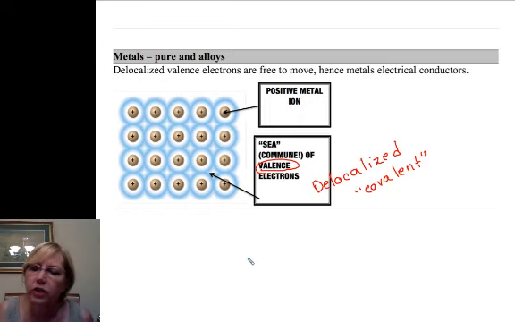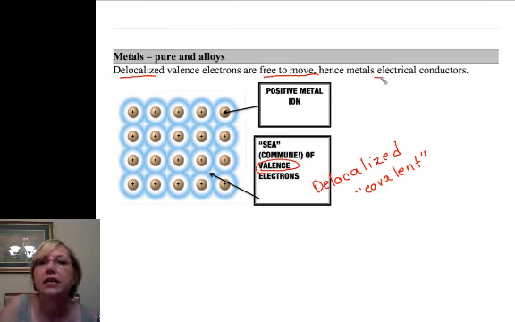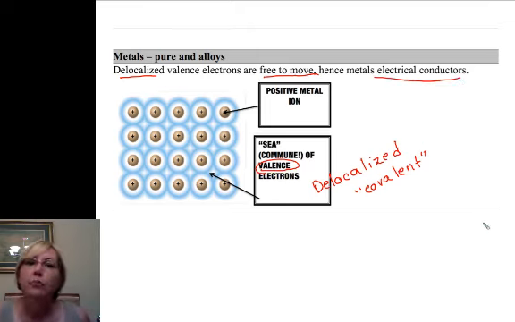I don't like to necessarily use the word covalent, but it has been used before. But the key here is that these delocalized electrons are free to move. If we have freely moving electrons, they will conduct. So metals will conduct electricity, both pure and alloys.